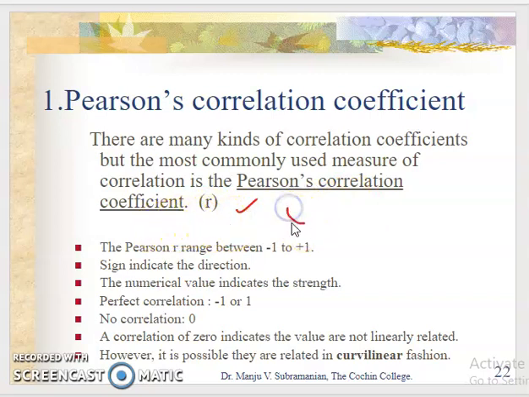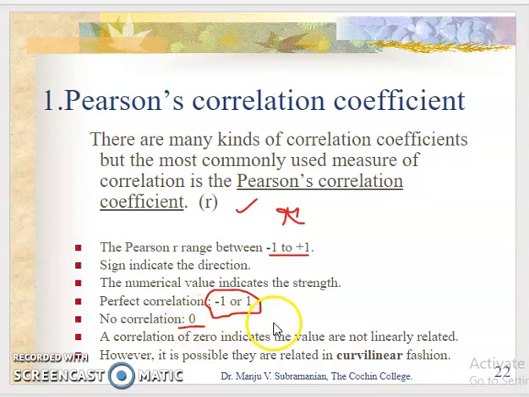It is represented by the letter R, and the value ranges from +1 to -1, and the sign indicates the direction. The numerical value indicates the strength. If we have a perfect correlation, we get values of -1 or +1, and if we get a value of 0, then we say that the variables are not correlated.